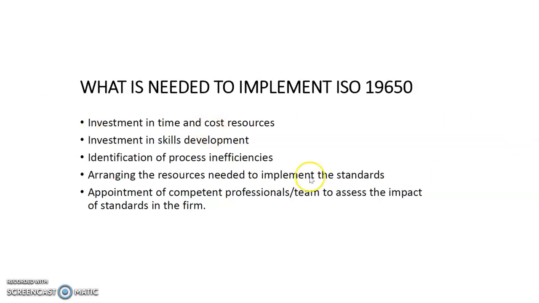The company will need to identify inefficiencies in the existing processes, arrange for the resources needed to implement the standards, and appoint competent persons to assess the impact of the standard in the company itself.